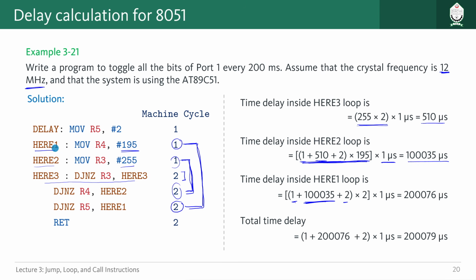And you are doing that for how many times? 2 times, because R5 is loaded with 2 and R5 is actually running the loop. So that's why you multiply this with 2 and then the time taken for each machine cycle. So you get the total value. With all of this result, finally you can add these two outer instructions to get the total amount of time taken. So we have done that.